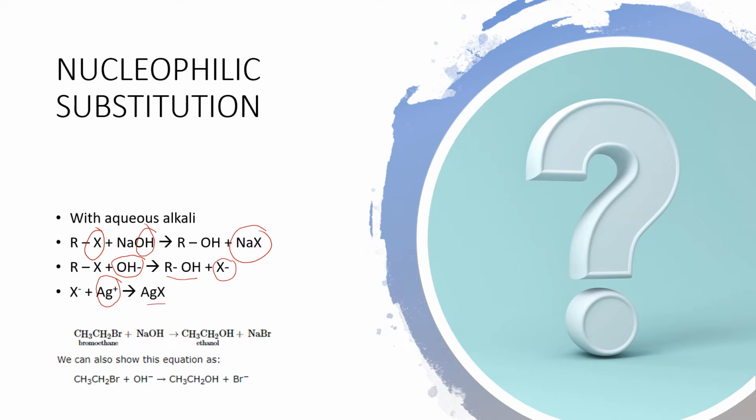For example, here we have bromoethane, CH3CH2Br plus NaOH, will form ethanol, CH3CH2OH and NaBr. This reaction can be written as CH3CH2Br plus OH minus to form ethanol and Br minus.